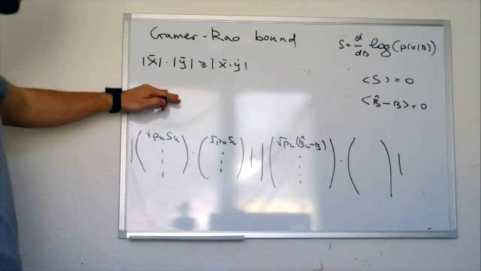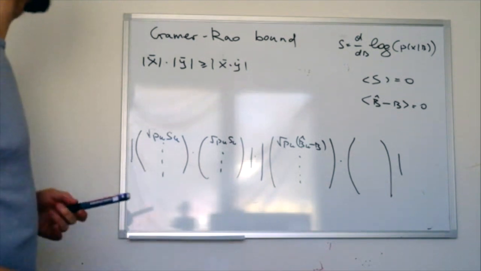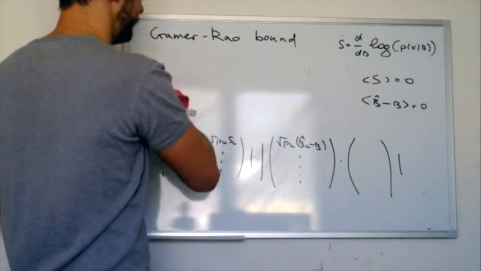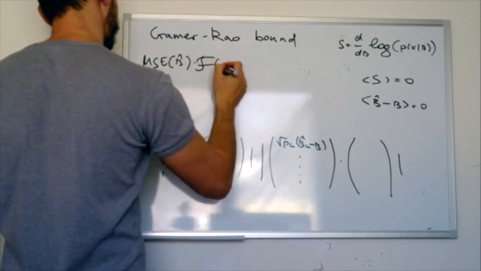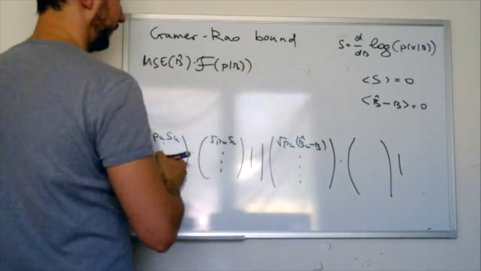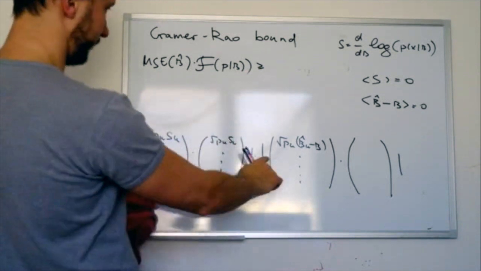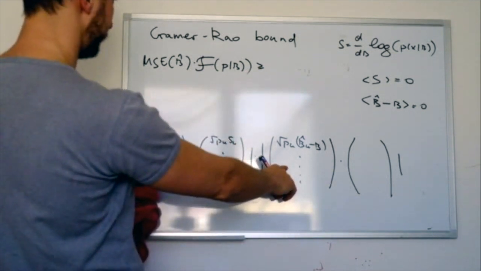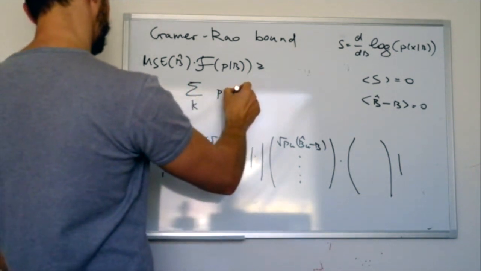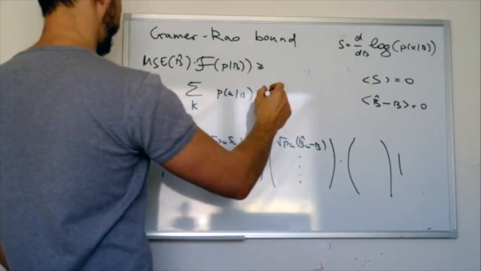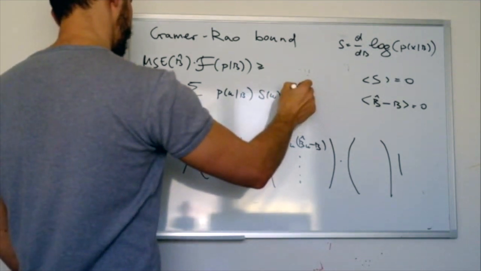We used it already for operators and the inner product. For vectors, it's really trivial, it's very intuitive. So, in other words, what we get, which was the mean squared error of the estimator b hat, times the Fisher information of this probability curve, is bigger than or equal to the overlap of these two vectors. And the scalar product of these two vectors is really just the sum over k of p_k(b) times s_k times (b hat_k minus b).